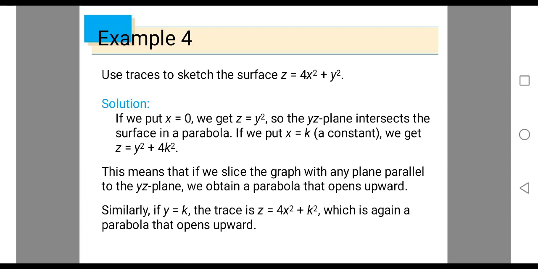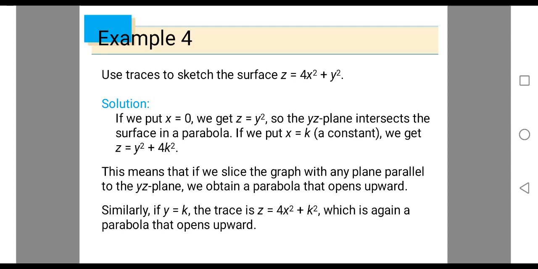We are simply switching our k with x, right? This means that if we slice the graph with any plane parallel to the yz plane, we obtain a parabola that opens upward, right?